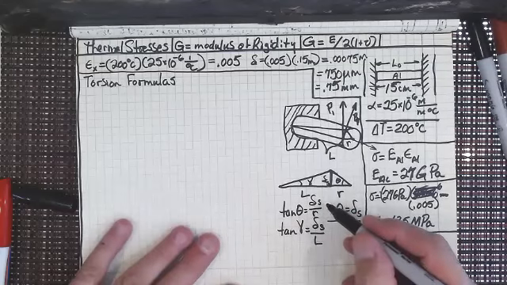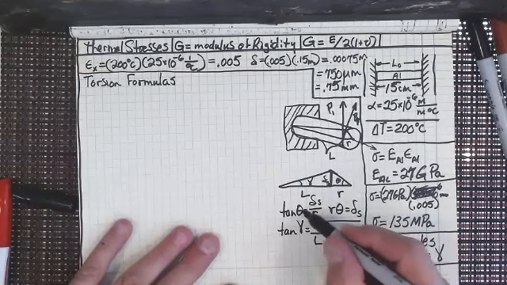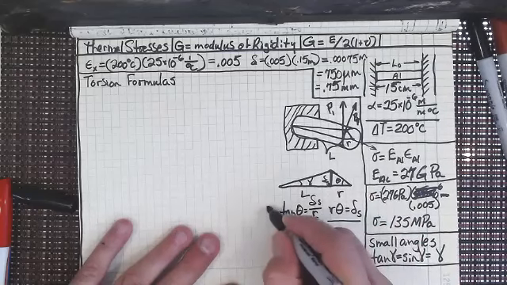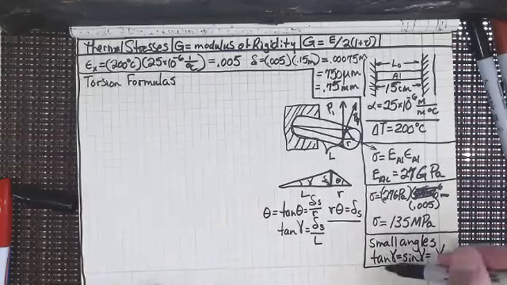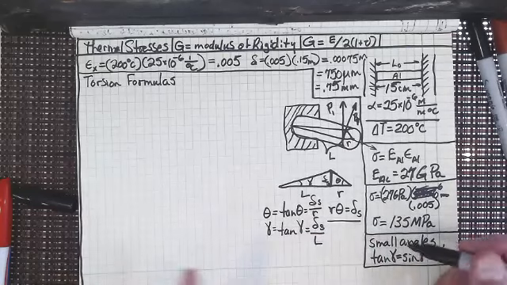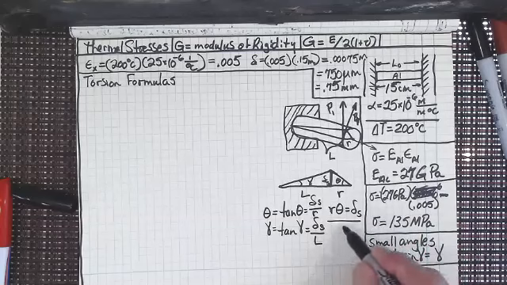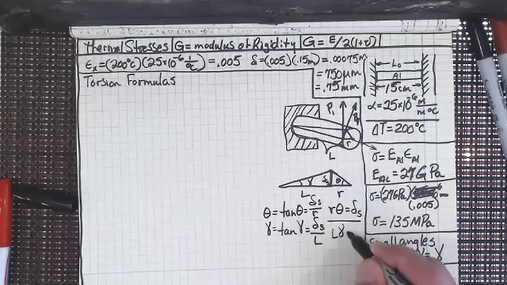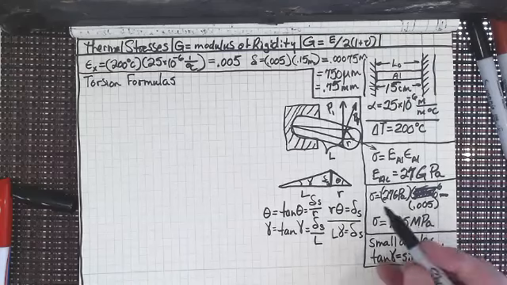And then we say, well, r times theta, because we know that this is going to equal theta. We're using the small angles approximation. And we know that this is going to equal gamma. Does everyone see that? So if I was to look at this, I would say L times gamma also equals delta sub s.